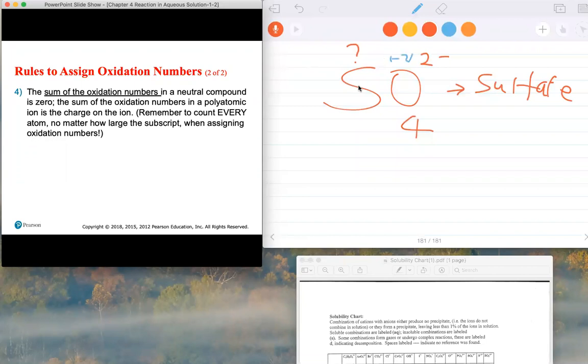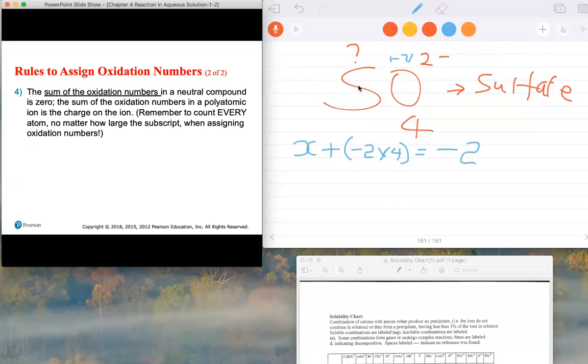So I don't know the oxidation state for sulfur, plus each oxygen is -2. It takes first priority. It's the most electronegative. Times 4 of them. There are 4 oxygens, equal to the overall charge in the polyatomic ion. If it was -3, positive, whatever, you equate to that.